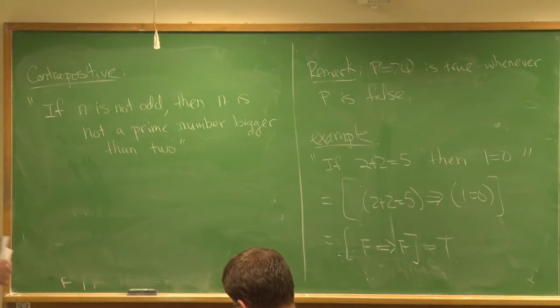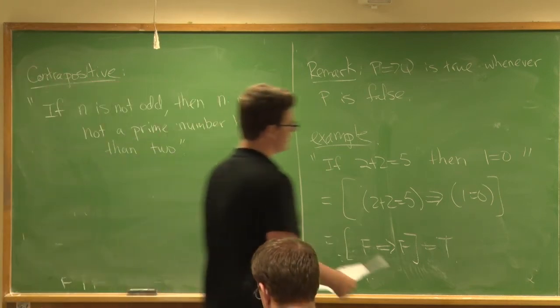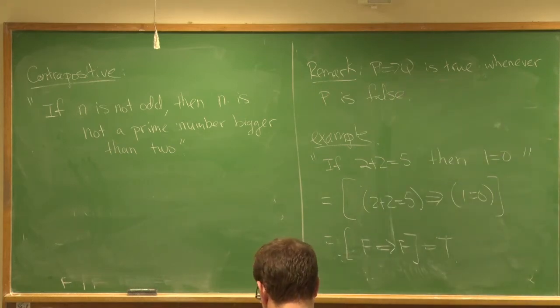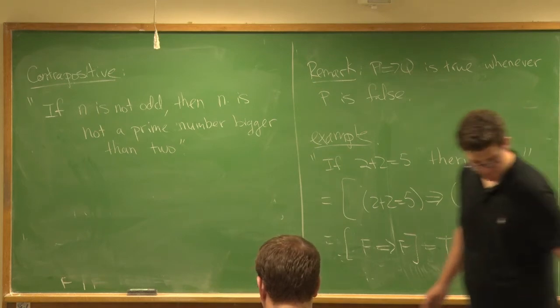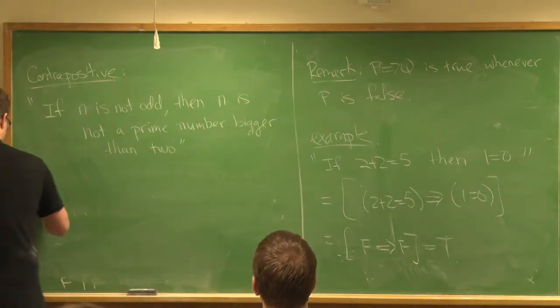Now I'm going to show you the proof of the logical equivalence of P implies Q with its contrapositive, not Q implies not P. Let's start in on this.